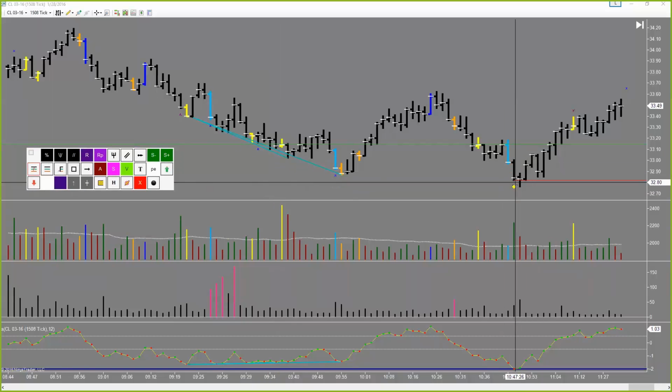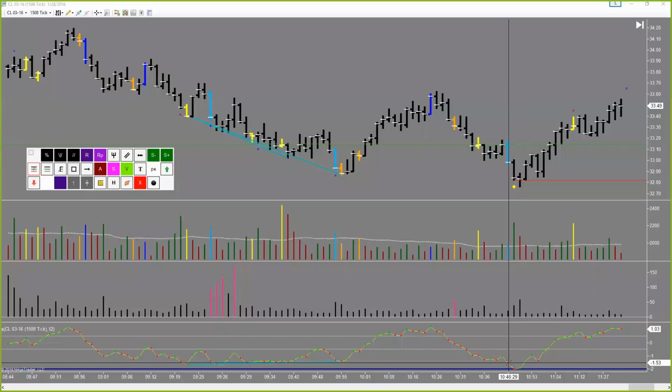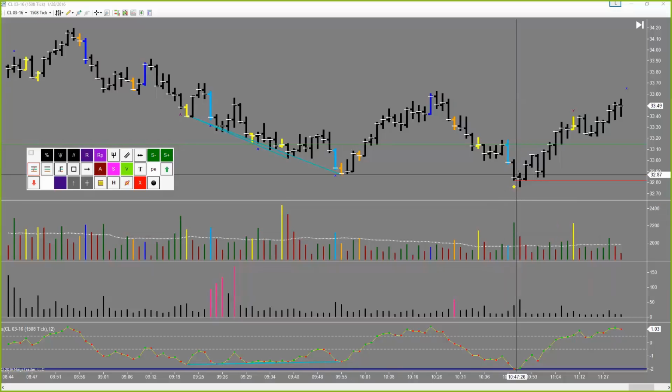So this should be a selling climax, but it's also very high volume per second. And of course it's very oversold, but that means that the volume within that bar, and this is a 1508 tick chart, that means the volume that made up those 1508 ticks came in rather quickly to form that bar.